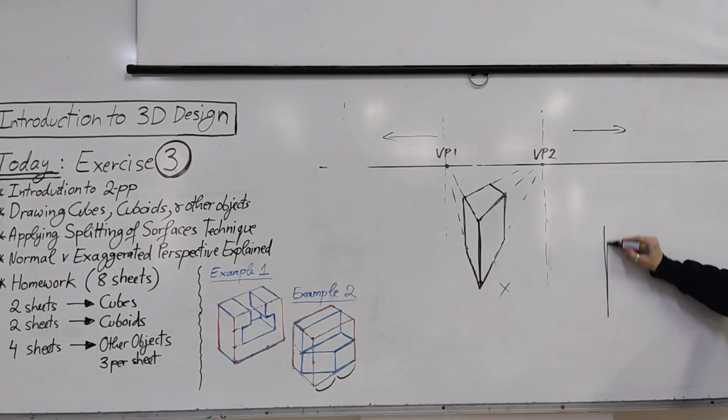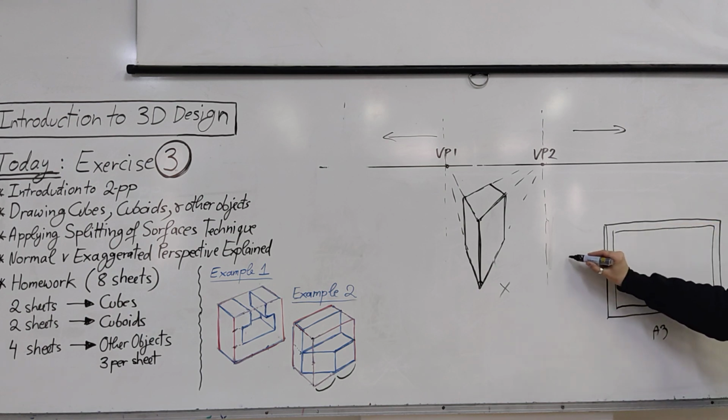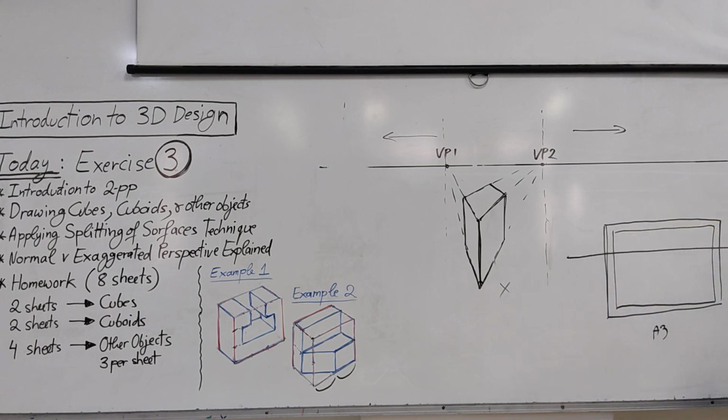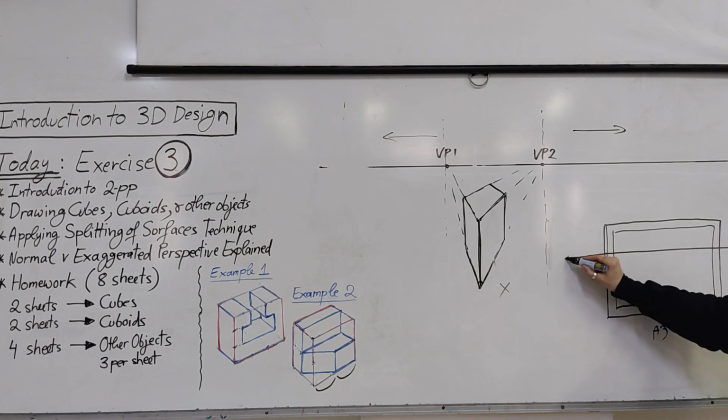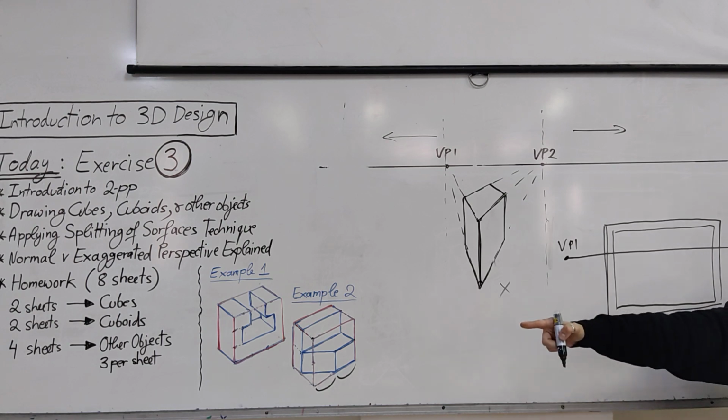Sometimes this means that if you have a paper, like this is for example an A3 paper, and you have your border inside, 2 by 2 centimeter, and you draw the horizon line, sometimes the vanishing points are outside, VP1, VP2. It's okay. It can be outside the paper.